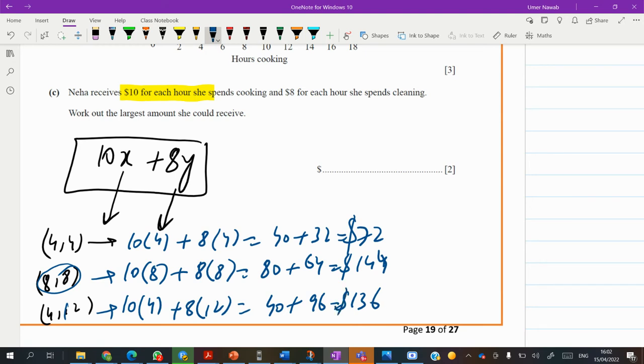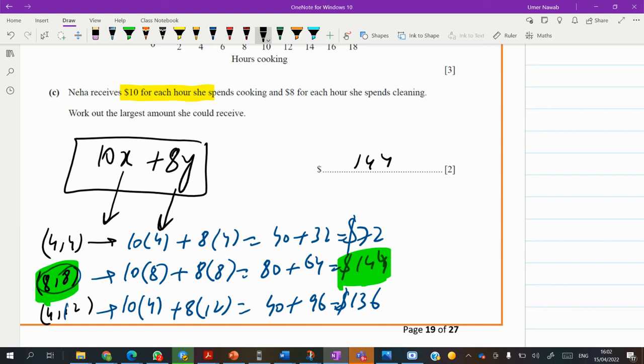So which option gives you the maximum answer? (8, 8), so 144. And which option gives you the minimum answer? That is (4, 4). He didn't ask for the smallest amount. So for the biggest amount, if she wants to earn, then she has to work equal time for cooking and cleaning, 8 hours for cooking and 8 hours for cleaning.